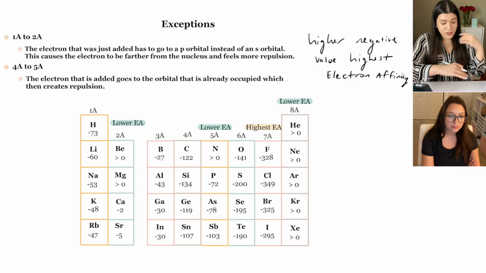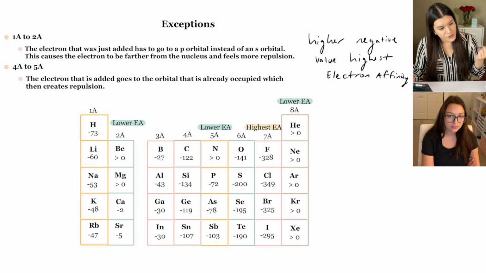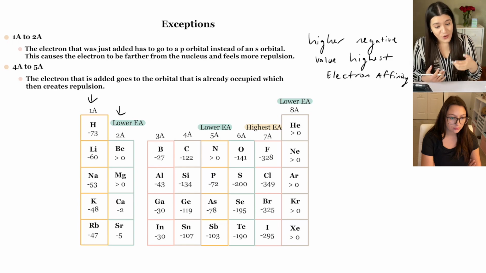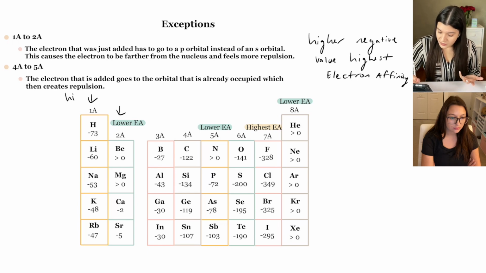The more electrons you gain, the more negative charge we're going to have. So let's see what else. Our exceptions from 1A to 2A are going to be the opposite. So 1A is actually going to have a higher negative value, or a higher electron affinity. So this is higher.